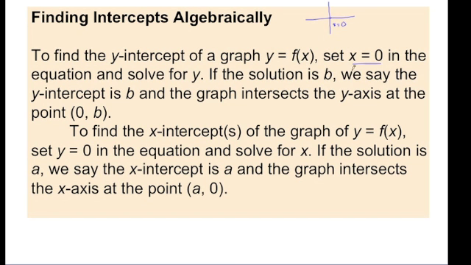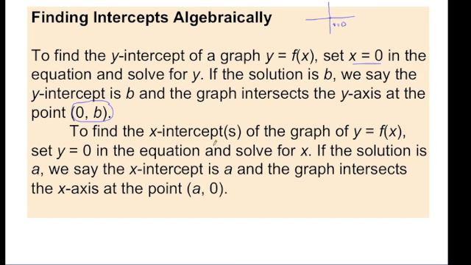That's why we fill in x = 0. If the solution is b, we say the y-intercept is b, and the graph intersects the y-axis at the point (0, b). And correctly, the y-intercept is a point, so we should say (0, b) instead of y = b.